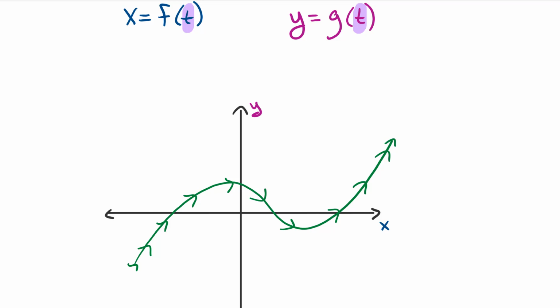The fact that I put some arrows on this and told you what direction it's moving means we've now created something more dynamic, something that we can see over a period of time. While the value t in parametric equations does not necessarily mean time, it's nice to think about it as if it's time passing by.